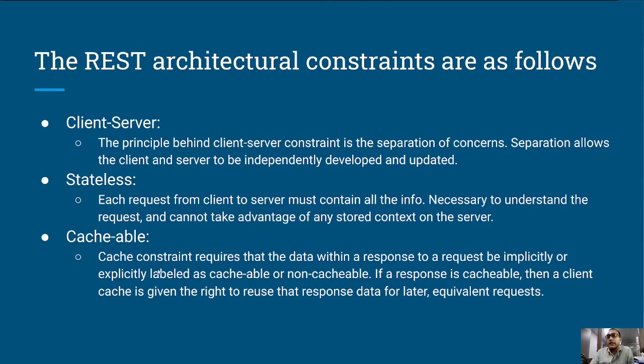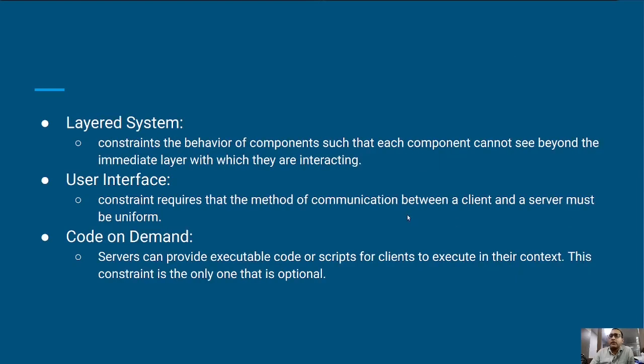Now cacheable. The cache constraint requires that the data within a response to a request be implicitly or explicitly labeled as cacheable or non-cacheable. So if you want a data packet to be cacheable, the same should be explicitly mentioned in the label. Then only it can be cacheable. Then it follows a layered system.